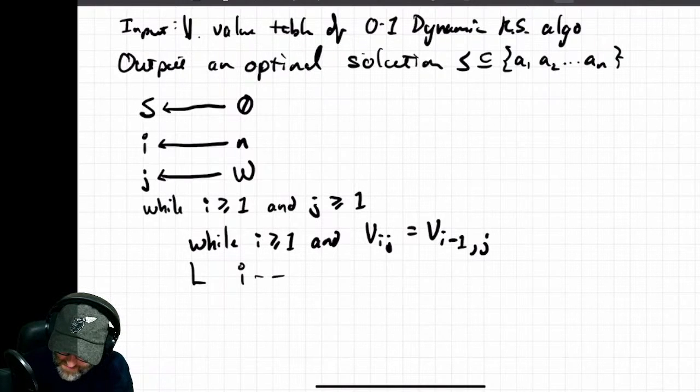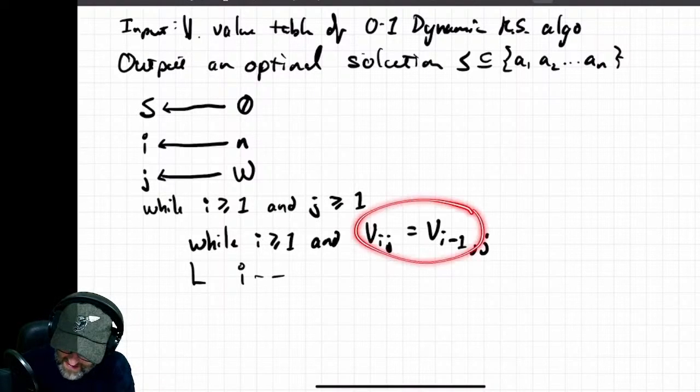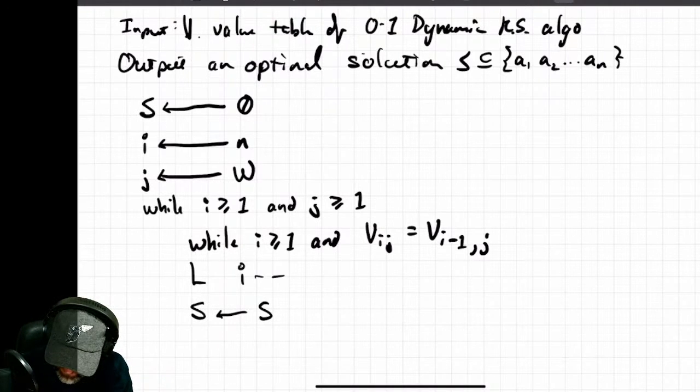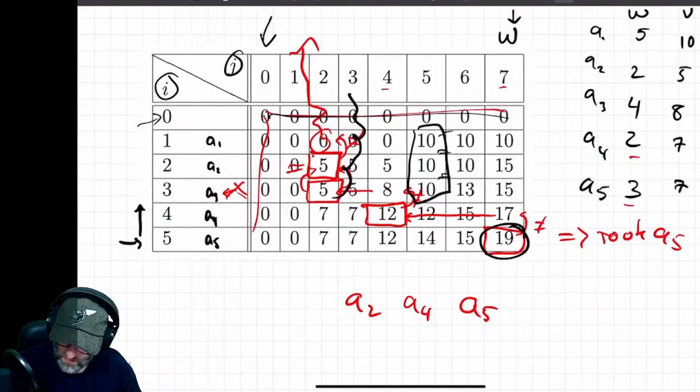Once I've broken out of this for loop, that means that I'm taking that current item there. Okay, so I will update my S to be S, and then I'm adding the ith element here.